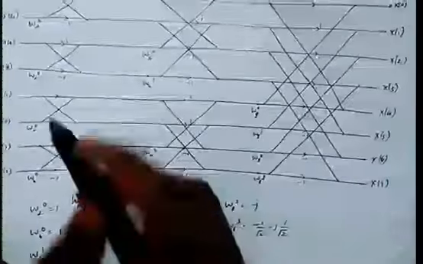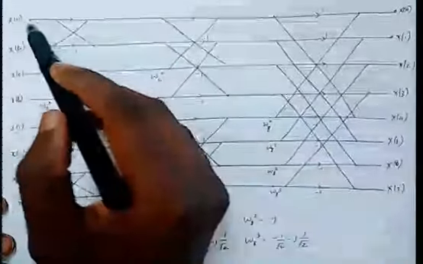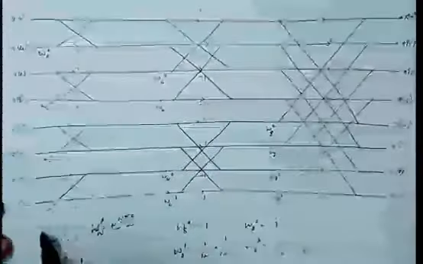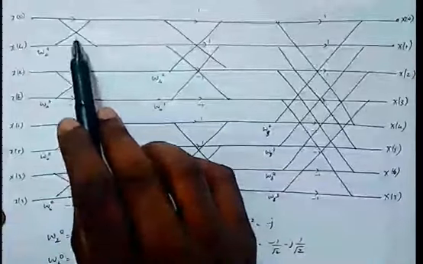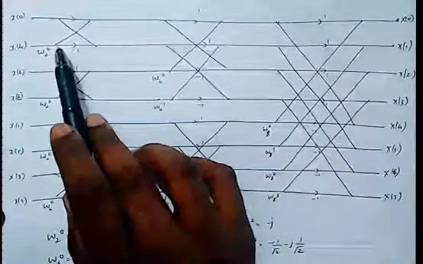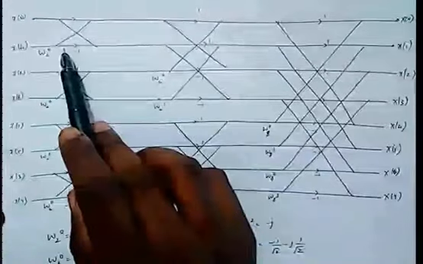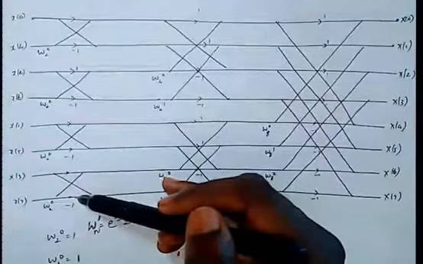As I have told you, in DIT the input is bit reversed. In the first stage, we have to compute 4 2-point DFTs.